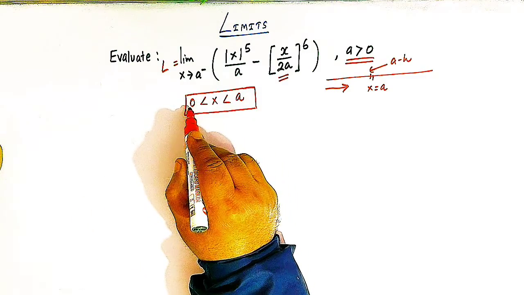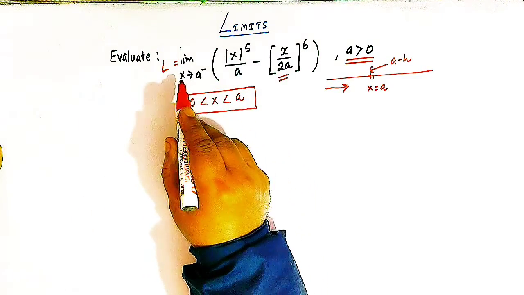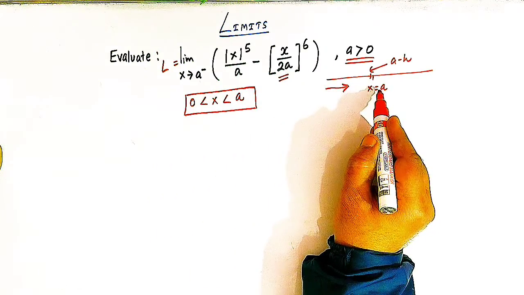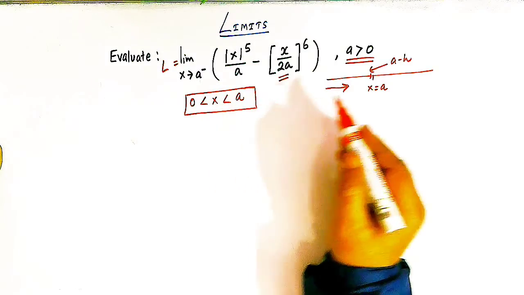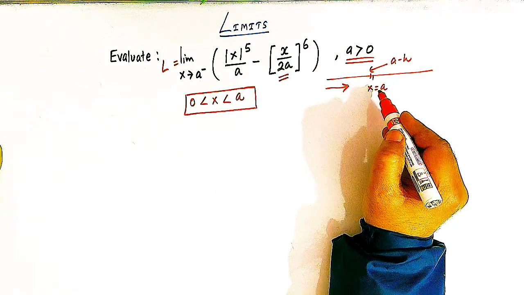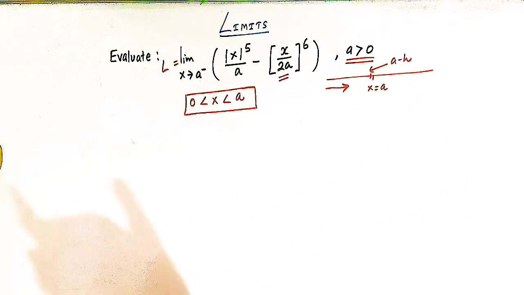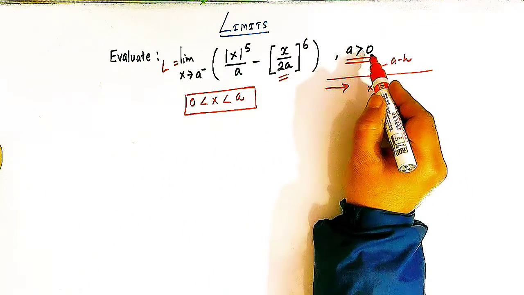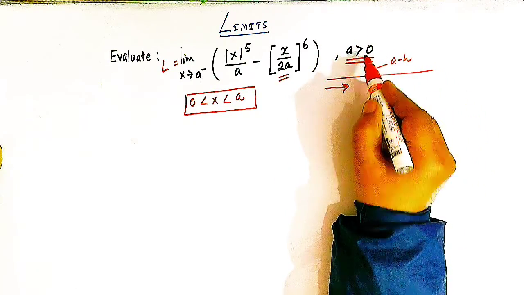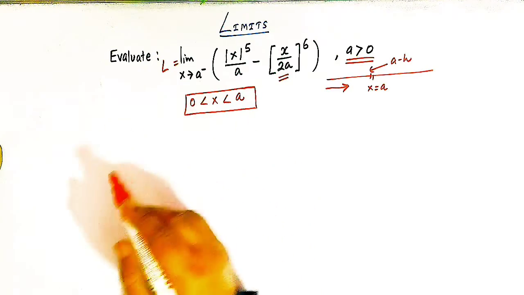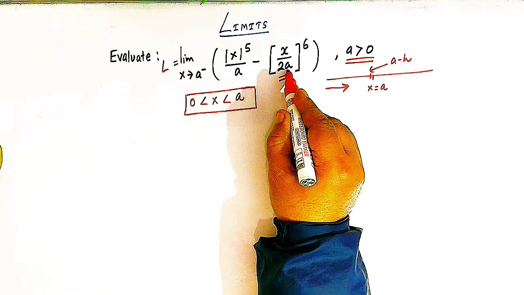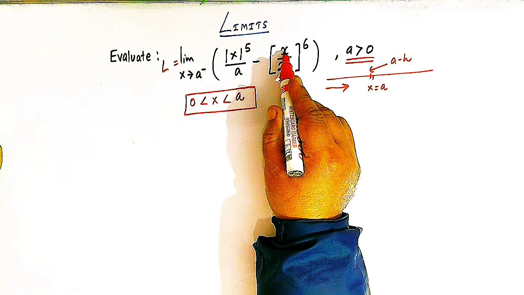So x is greater than 0 and less than a, because we are approaching x equal to a from the left, and all the values of x which we are taking into consideration are less than a. And a is obviously greater than 0, as already given. So let us divide throughout by 2a, because here we have x over 2a.